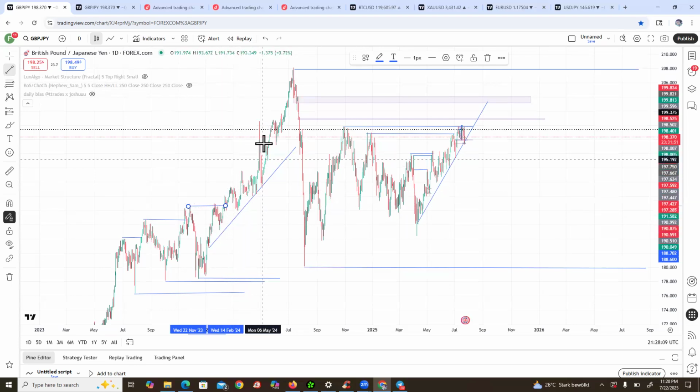But if you notice how this thing was forming, it was forming a trend line liquidity. You already know that trend line. We already know that we have different types of liquidity. We have the higher high, the equal high, equal low liquidity, and trend line liquidity. So it formed the trend line liquidity here.